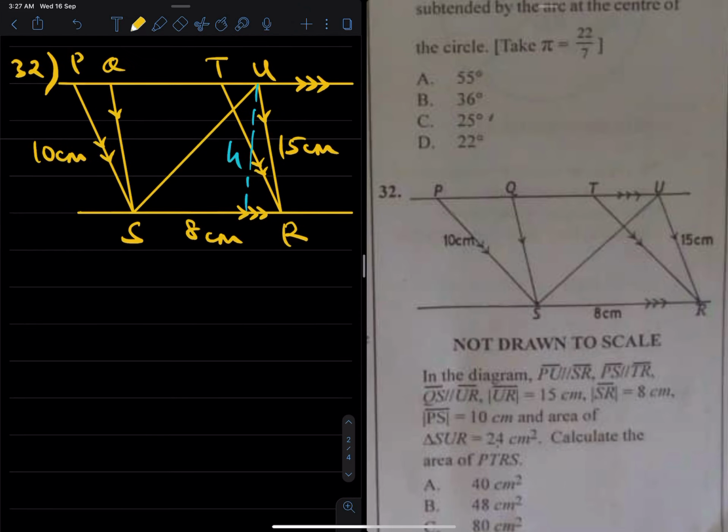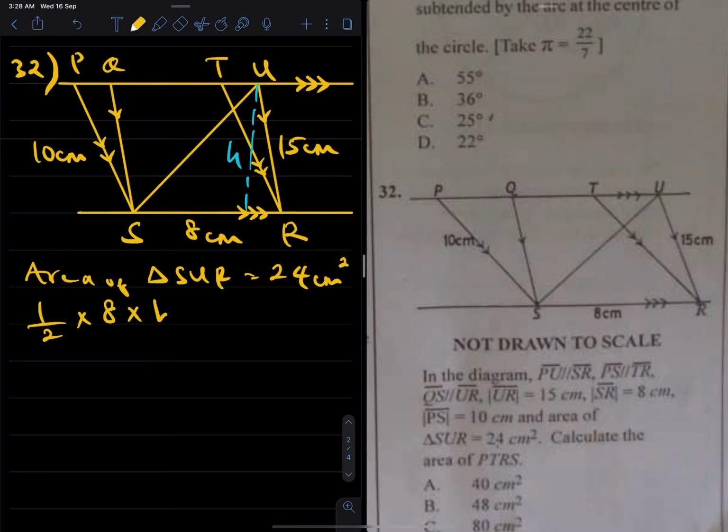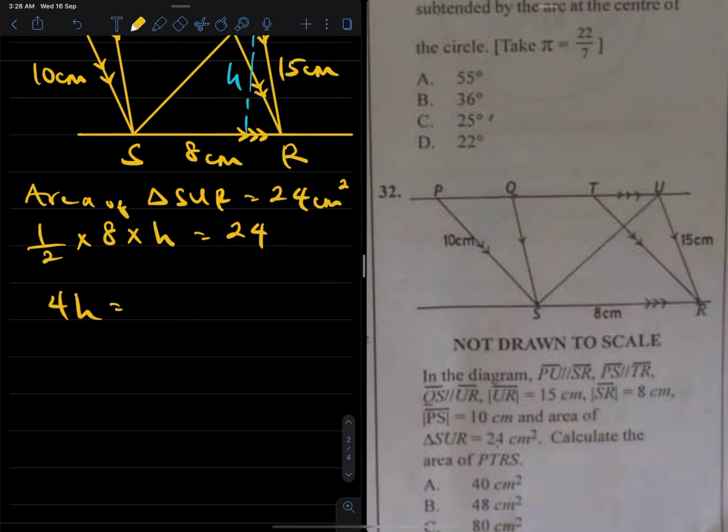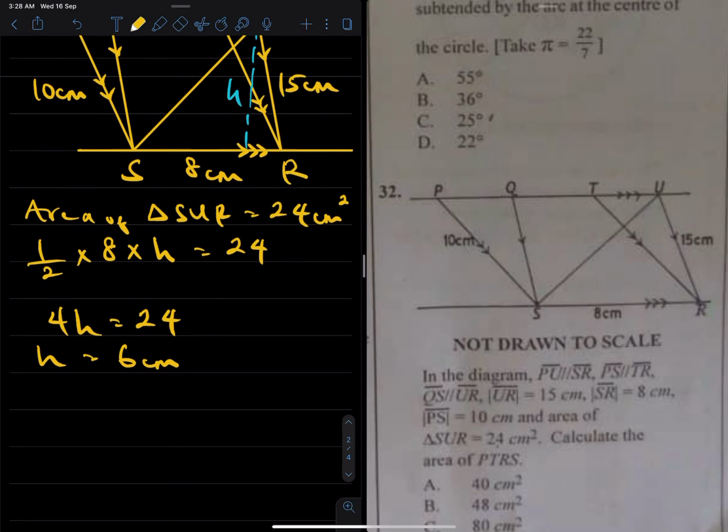So area of triangle SUR equals 24 centimeters squared. That simply means half times base, the base of triangle SUR is 8, times H equals 24. And this simply means 4H equals 24, which means H equals 6 centimeters.